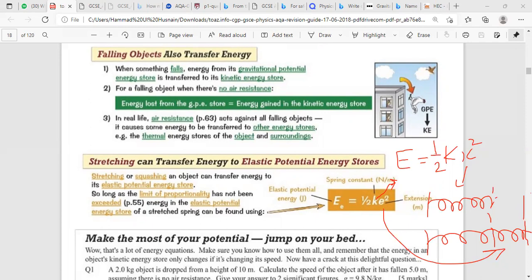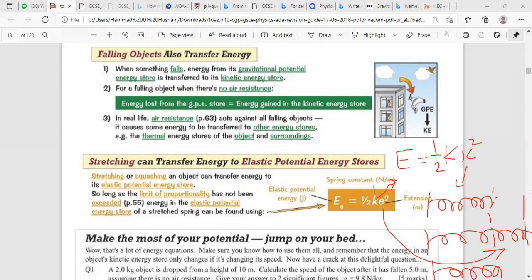Now this is an important point. What does this limit of proportionality mean? We just consider this example of a spring. We put some force on it, it gets extended, and when we remove the force, it comes back to its original position.